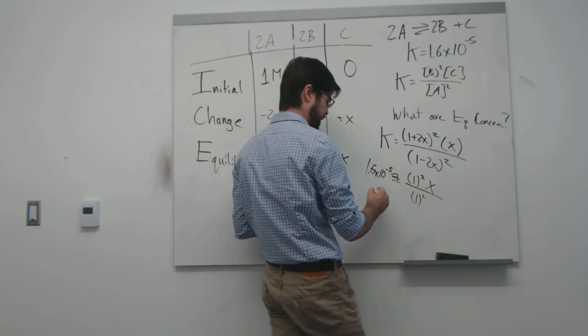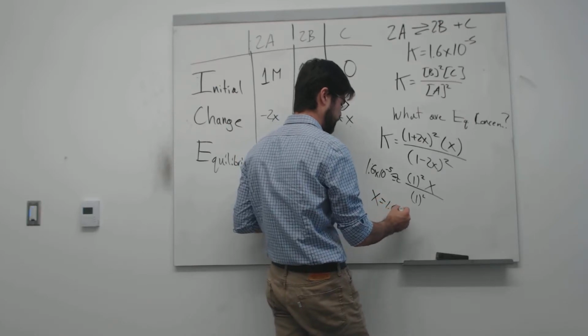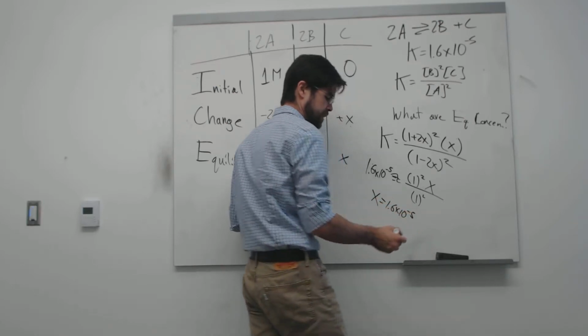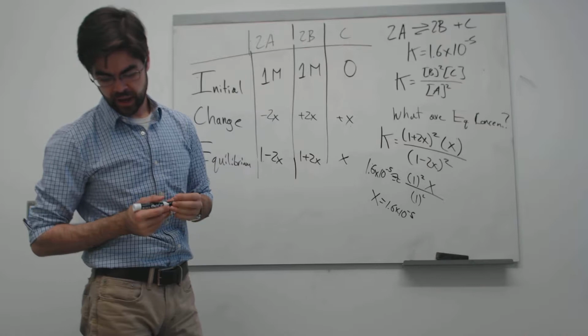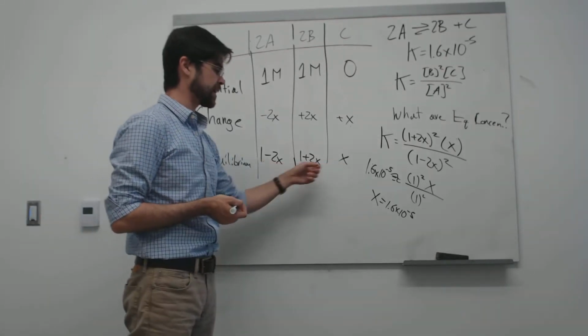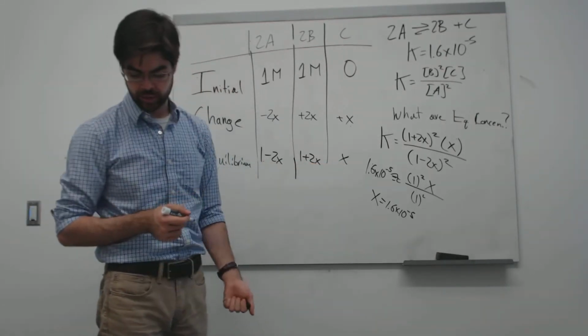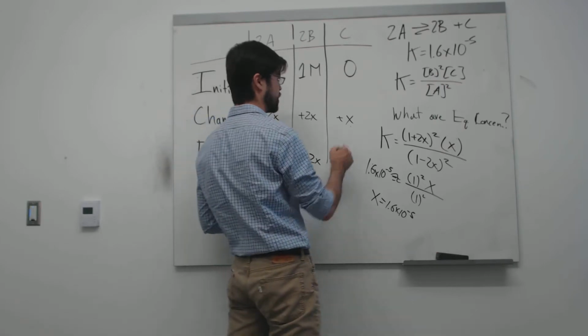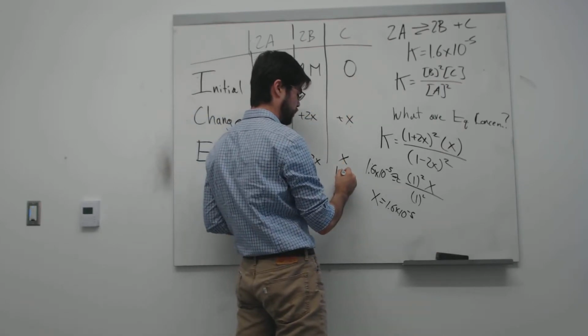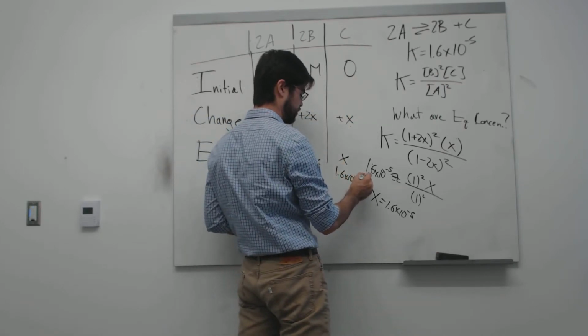So then I can say, okay, x is 1.6 times 10 to the negative 5, and that will allow me to, once again, calculate all my equilibrium concentrations. So x here, the concentration of C, should be 1.6 times 10 to the negative 5.